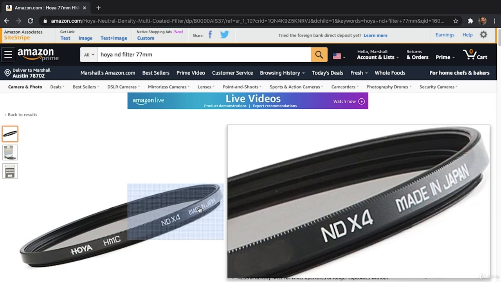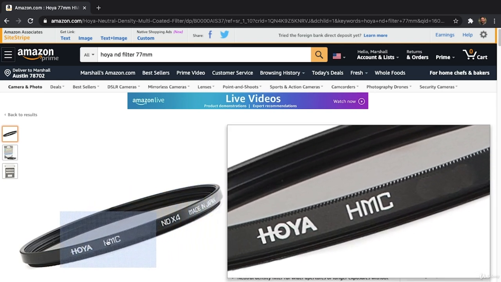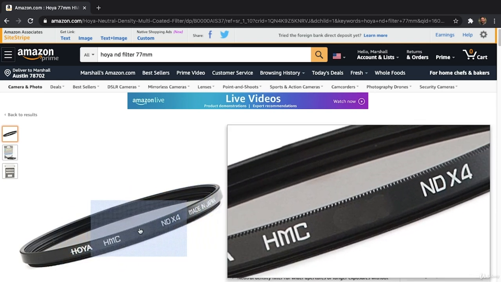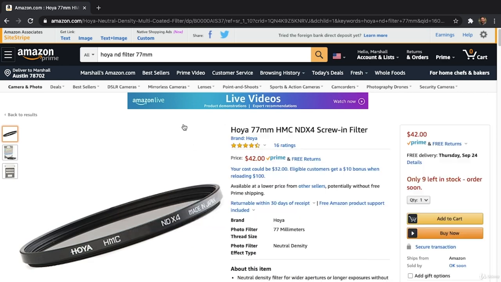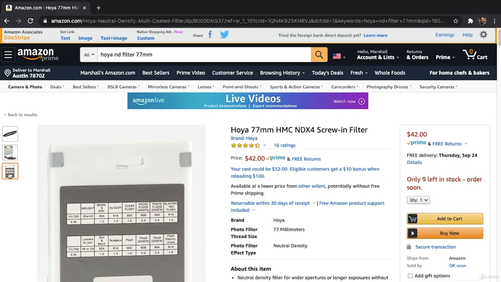And the reason why you would want to block some of the light coming in through the lens is that when you are taking video outside, your shutter is stuck at 50 or 60. Your ISO is going to be as low as possible, 100 or 200. And there's so much light outside, the sun is so bright, that you're forced to close down your aperture a lot.